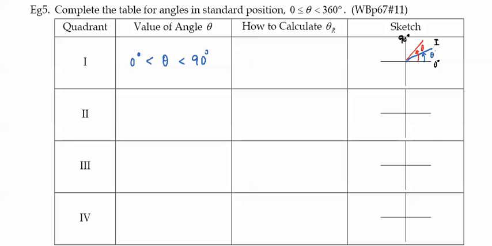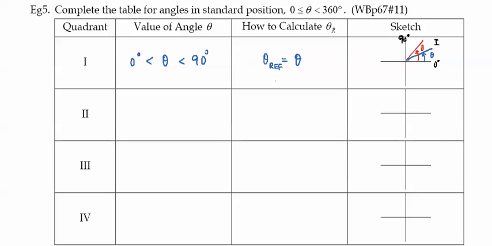And the reference angle in this quadrant will just be the angle itself, because your angle in standard position is less than 90 degrees for now. So they are the same. The reference angle here will be the same as the angle in standard position, and we use theta to indicate that.